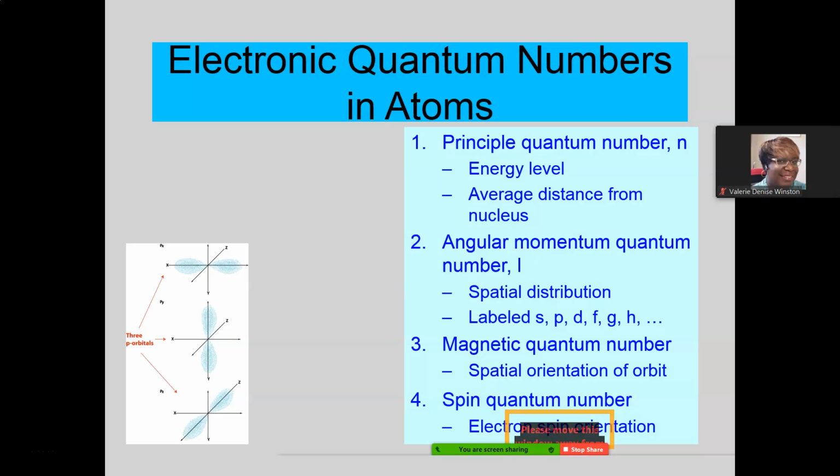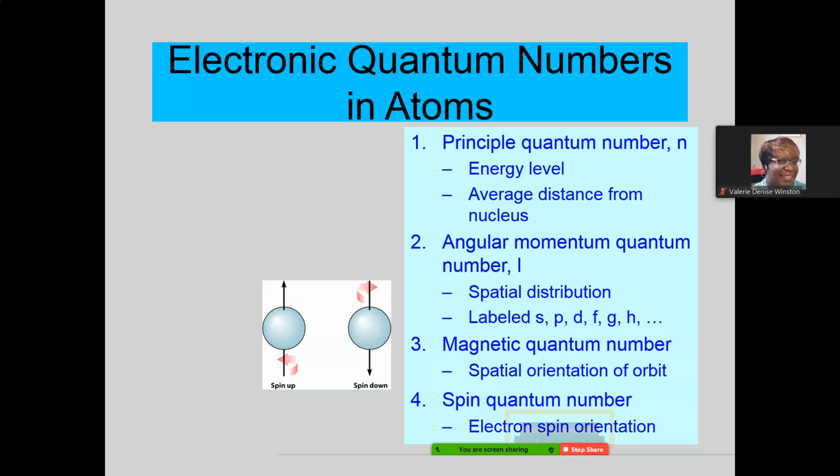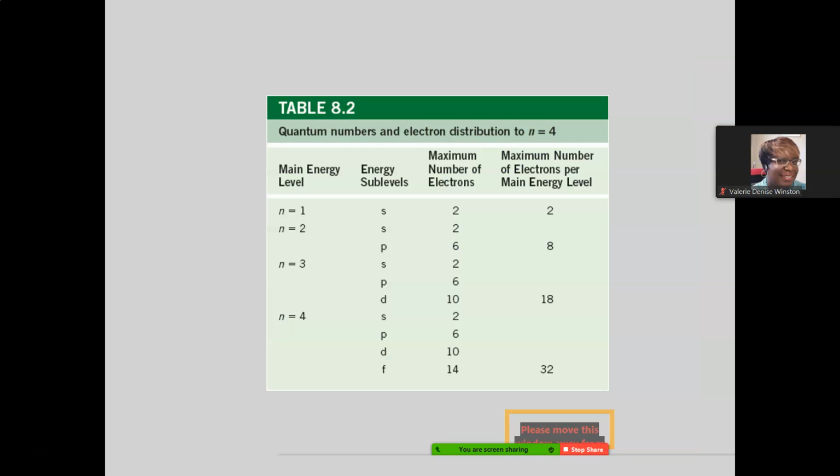We just say it's either up or down, and that's the spin quantum number. So use right-hand rule up, right-hand rule down. That's how we distinguish. Now again, we didn't have anything to tie us into the magnetic quantum number. We'll get there a little bit, just graze it.